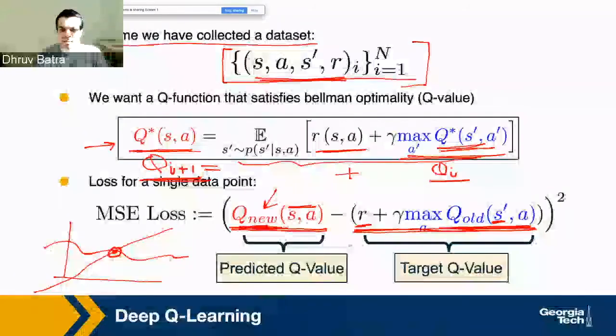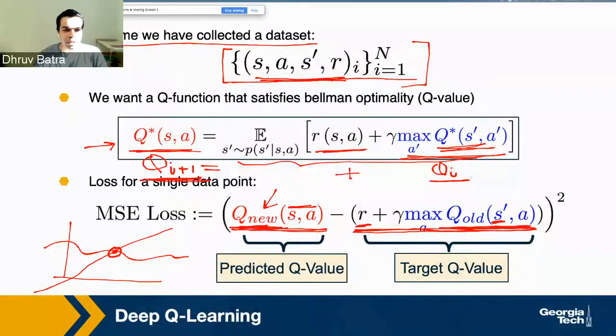So this is the second time we're seeing a trick like this. The center expression that says Q star is the expected value of R plus gamma times max over A prime of Q star. It's a recursive definition of Q star in terms of itself. And last time in value iteration, we saw that we can convert recursive definitions into iterative algorithms by just making iterative updates, treating the right-hand side as an operator that we apply over and over again.